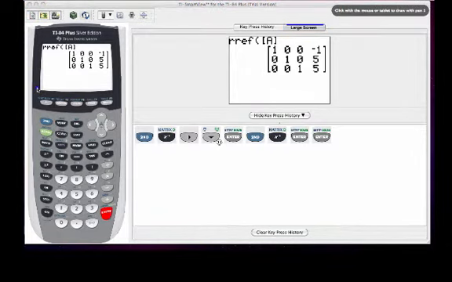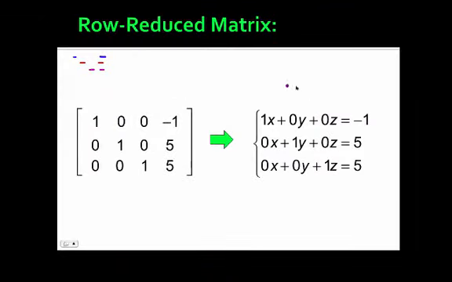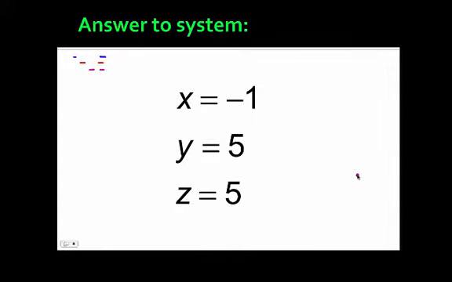Basically, this is telling us that 1x equals -1, 1y equals 5, and 1z equals 5. So if you put it back into equation form, the solution is x equals -1, y equals 5, and z equals 5.